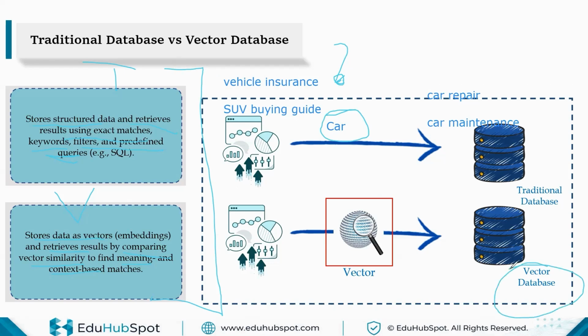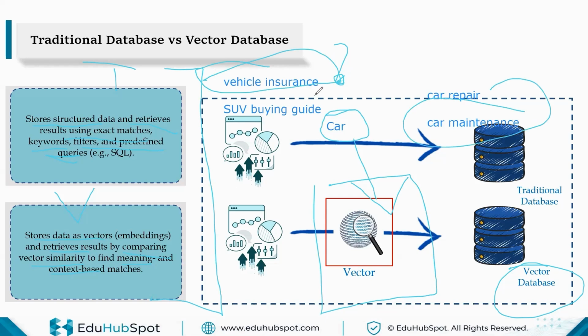Whereas when it comes to vector databases, guys, in vector database, they understand the meaning behind the word. So, searching for car in a vector database can also show results like vehicle maintenance, vehicle insurance, car maintenance, SUV buying guide, everything because it understands that cars, vehicles, SUVs, and automobiles are connected concepts.